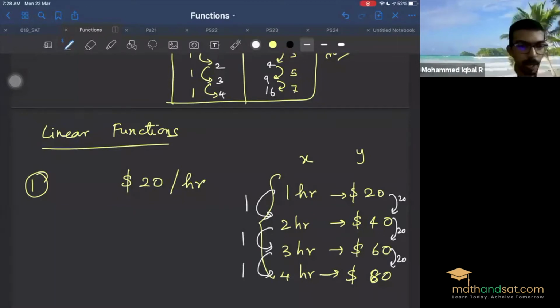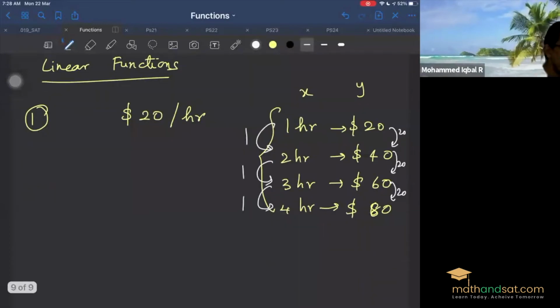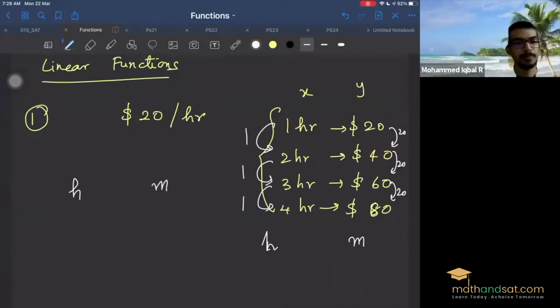Now you can come up with an equation that represents the number of hours. Say if you spend h number of hours and if you make m amount of money, there will be a relationship between h and m. What is that relationship?